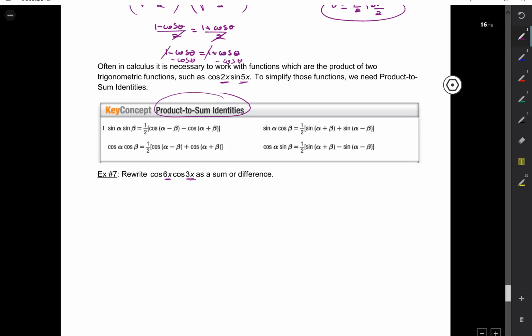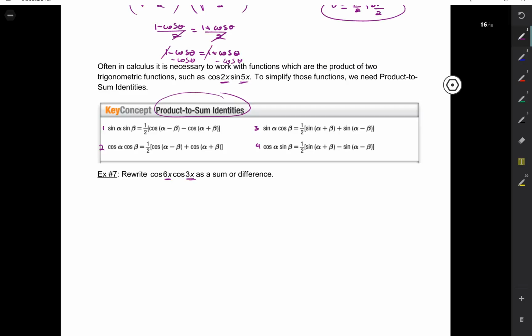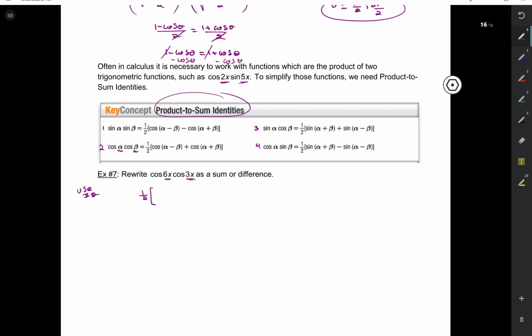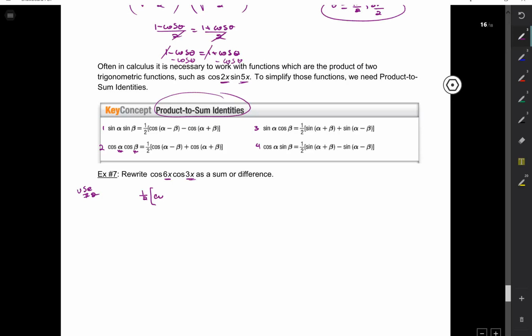So I have these four. Which one am I going to use? I'm going to use number 2, because it says cosine of alpha times cosine of beta. So this is half of cosine alpha minus beta.